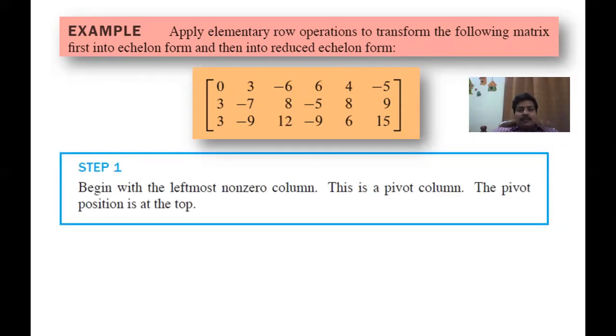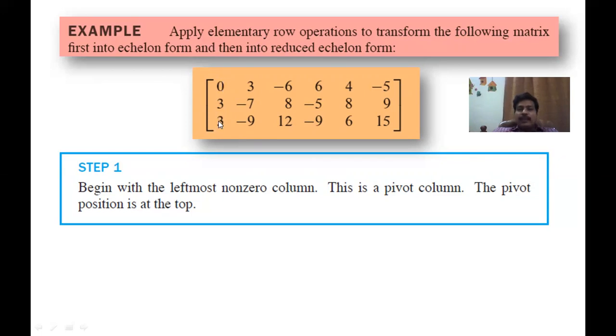So as step 1, we begin with the leftmost non-zero column. This is the pivot column. So this is the leftmost column. If it contains all zeros, then we move on to the next column. Now this is a non-zero column, so it is my first pivot column.